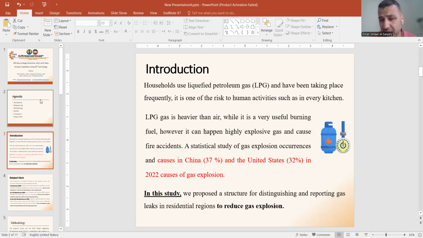This method is going to give alarms to those who use gas. So the purpose of this study is to reduce gas explosions.